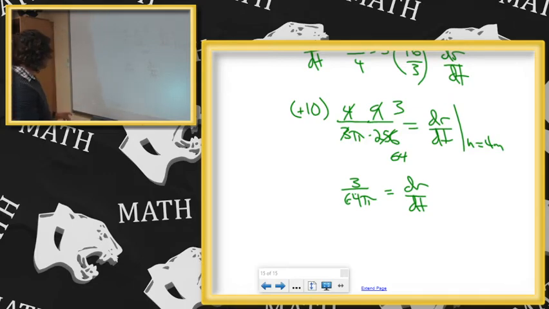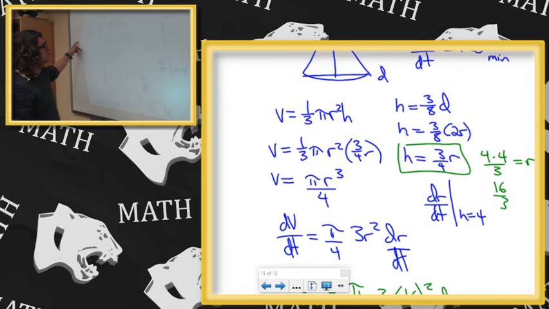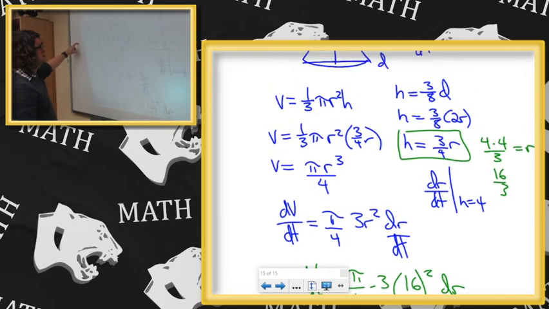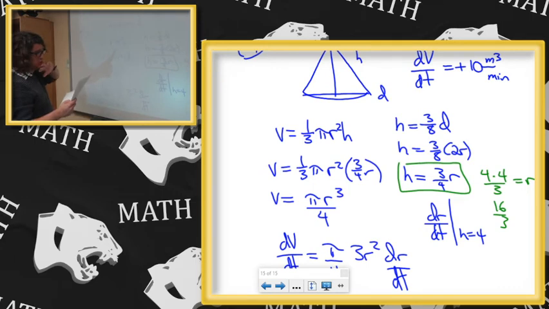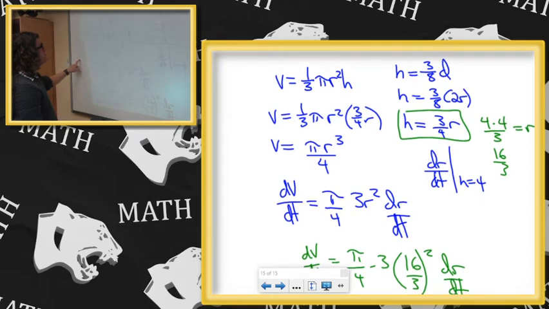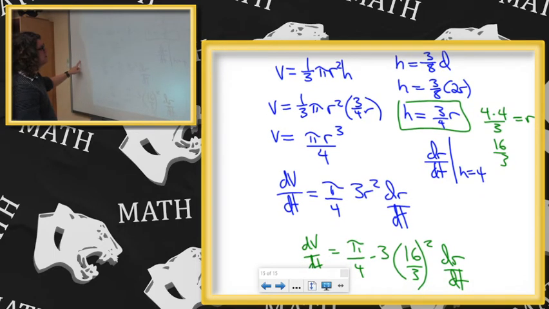I'm going to just do a quick double check here. So the height is equal to 3/8 the base diameter. So 2r for d, so 3/4 the r. That seems fine. 1/3 pi r squared h, that looks good.